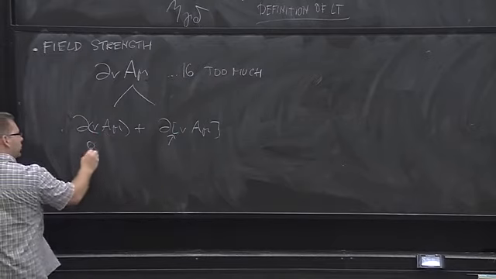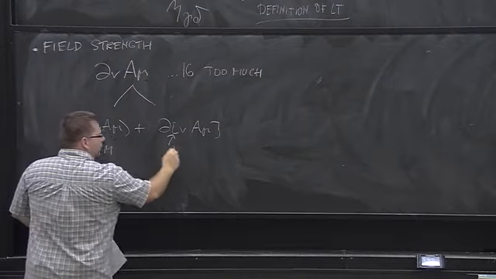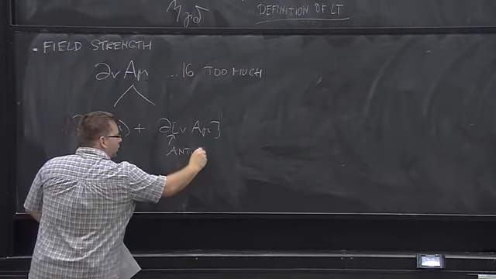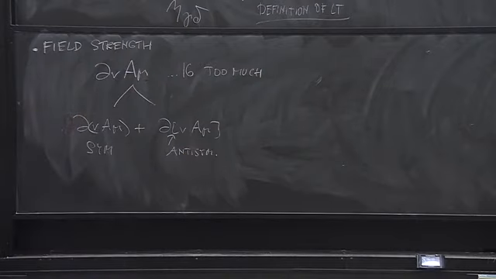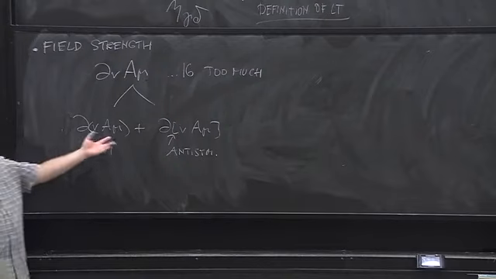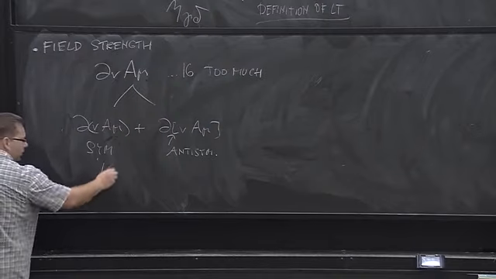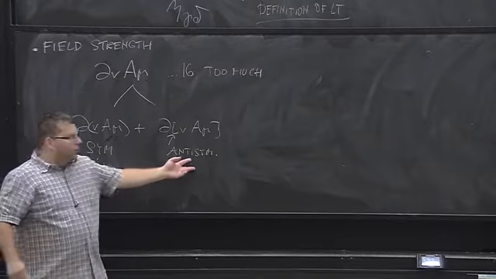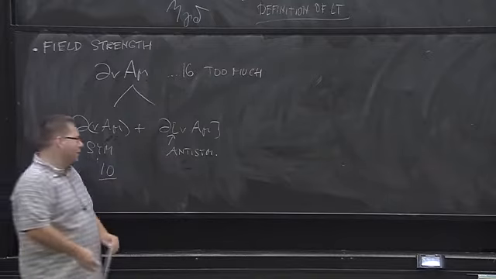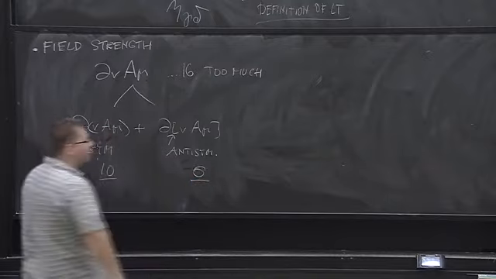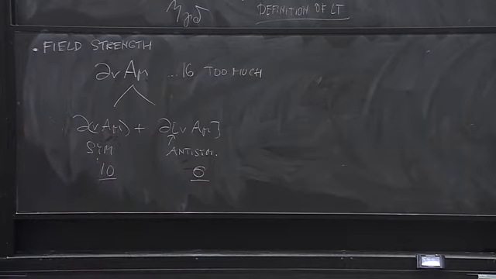So this is the symmetric part, and this is the antisymmetric part. Then the question is, how many components do you have if you just take a symmetric matrix? You have 10. So this has 10 components. And how many components do you have here? 6.